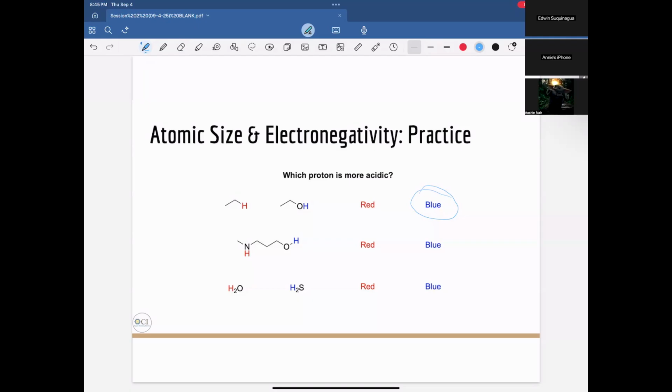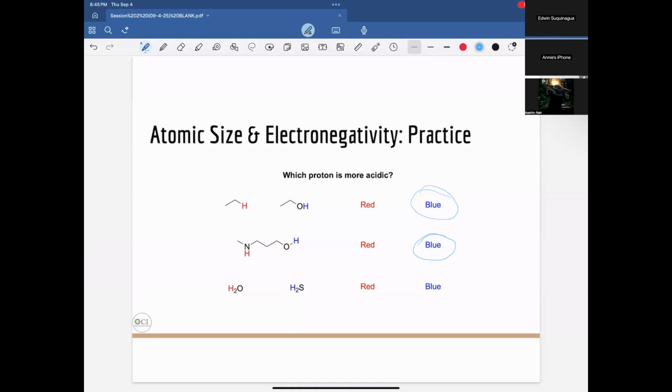What about the next one? Red or blue side? Blue. Correct. Again, we want our negative charge to be going on to our more electronegative atom. And so if we're looking over here, that would put oxygen as more electronegative than carbon. So that is good.